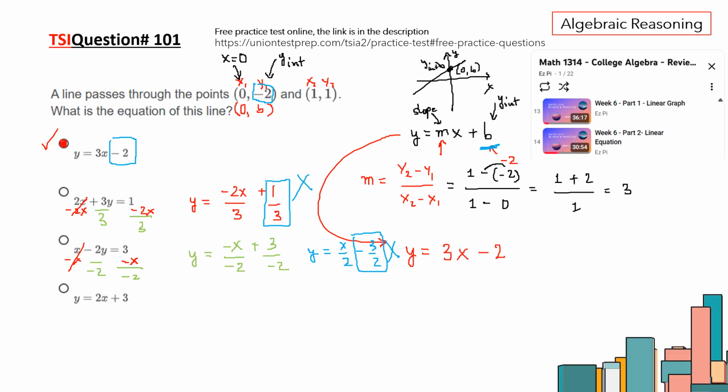And this one has a y-intercept of 3, so it's not. See that? If you know the position of the y-intercept, you can eliminate answers right away. But you have to make it into the slope-intercept form, and that is this form right here.